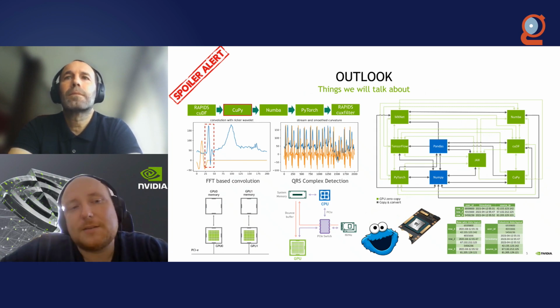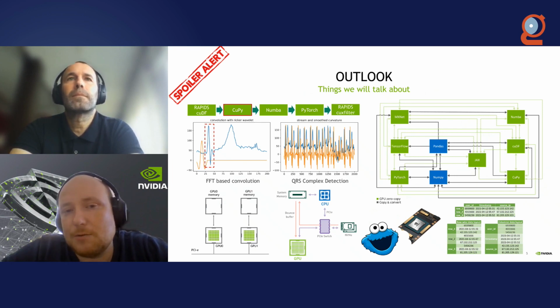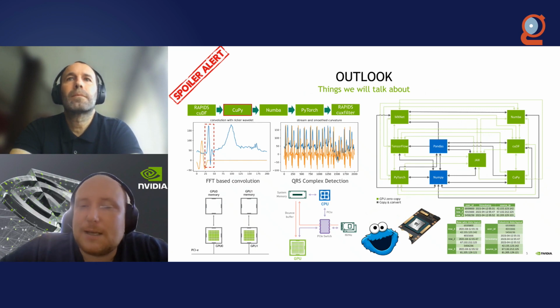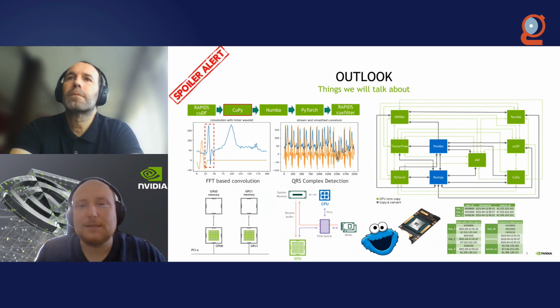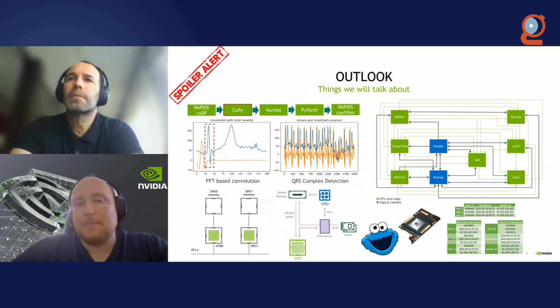And obviously, this pipeline consists of different frameworks, and therefore we need to interchange data. On the right, you see a graph where we discuss how to do that in detail, and we will also look at that. Miguel will talk a lot about memory management, memory layouts, data standards and standardization approaches. That's on the lower right.